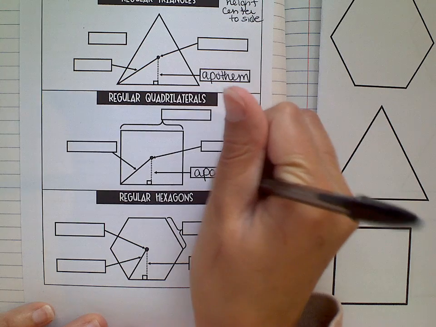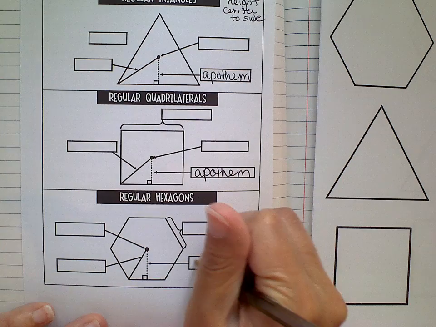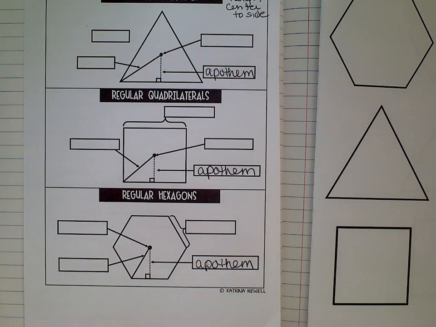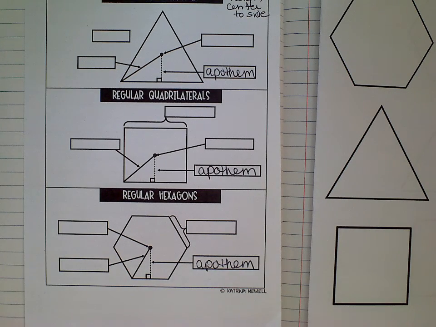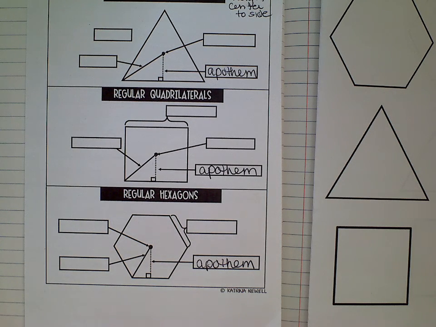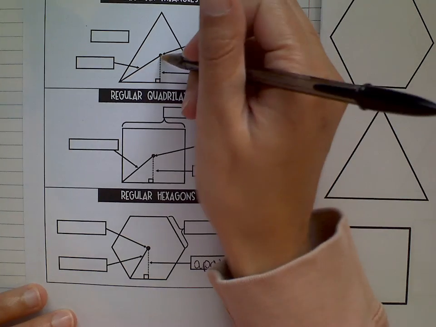And hopefully they tell me what my apothem is, and they tell me the length of my side, because then finding the perimeter is easy. Okay, but we're not always that lucky, and so sometimes we have to use other things to figure that out. So this here is called the center.